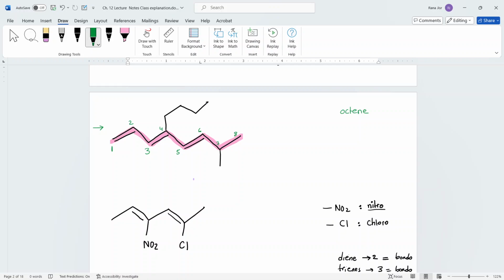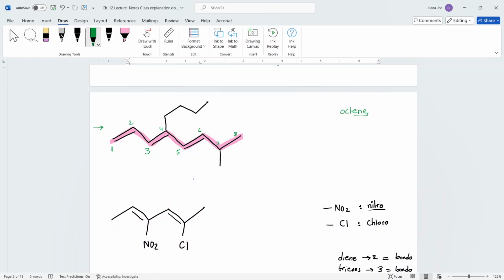So since it is more than one double bond, we are going to simply keep the E, but I would need to introduce another letter in there, because there is a prefix that I have to introduce to indicate how many double bonds I have.